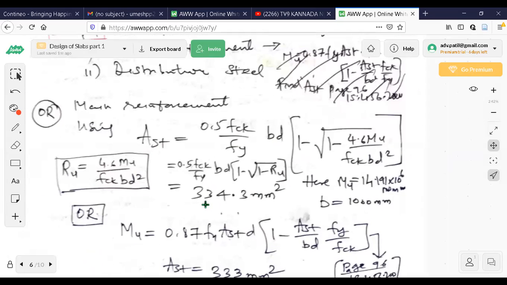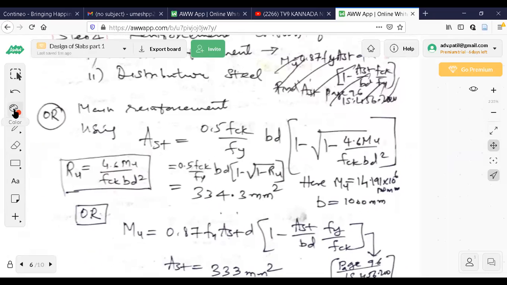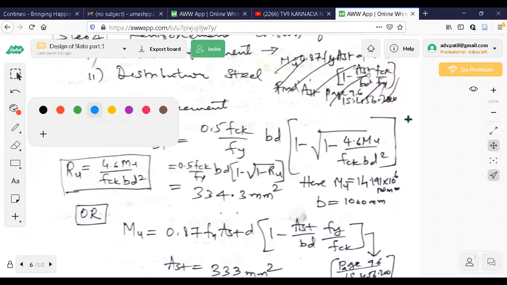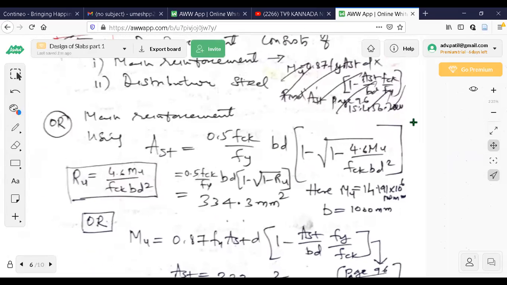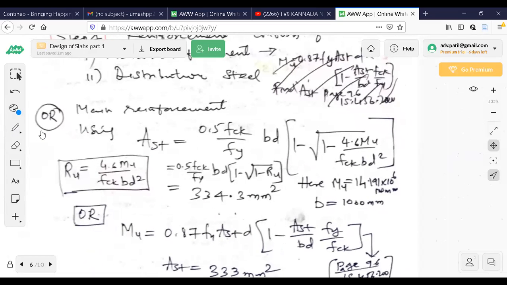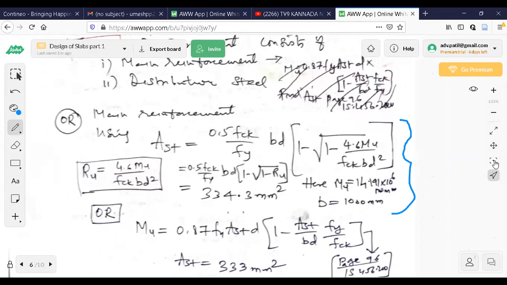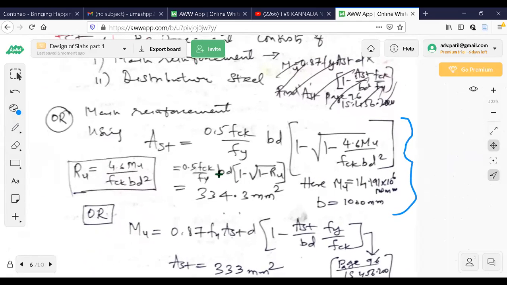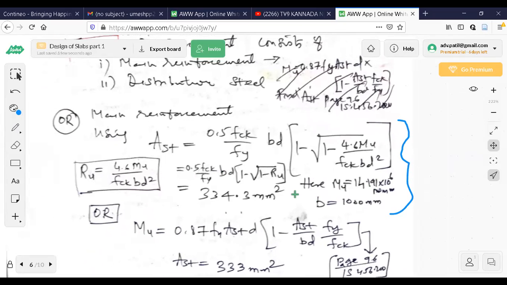So you try to avoid these equations in the examination if you know how to use SP16. See how to calculate all this. This is going to take a lot of time in the exam. If you are practicing this formula regularly using calculator, automatically the time taken will come down.